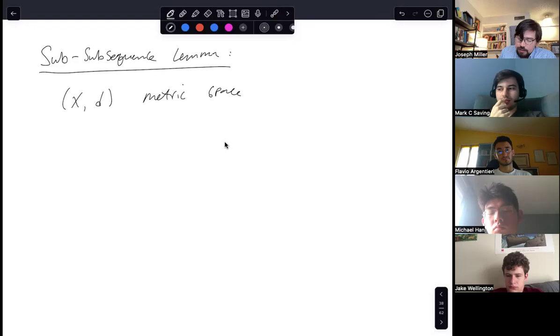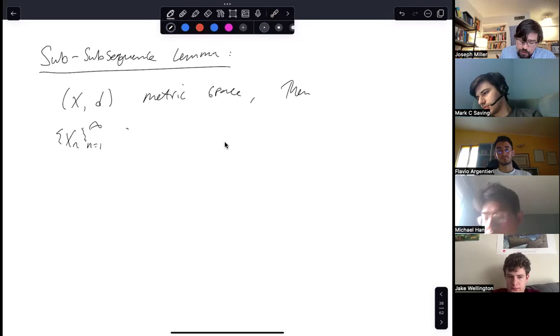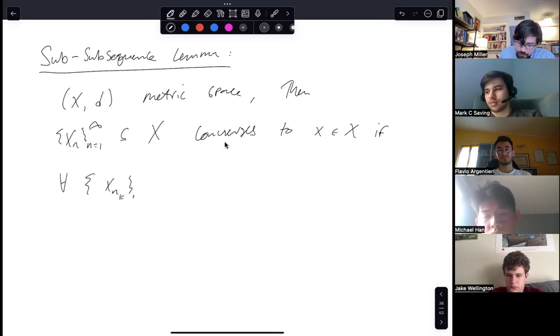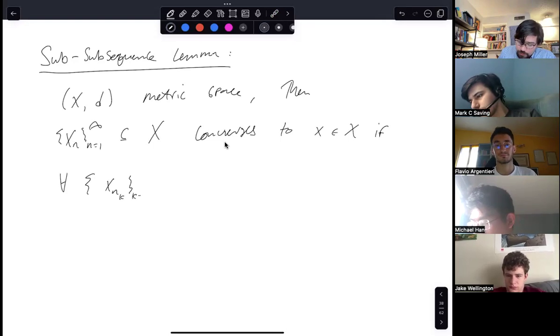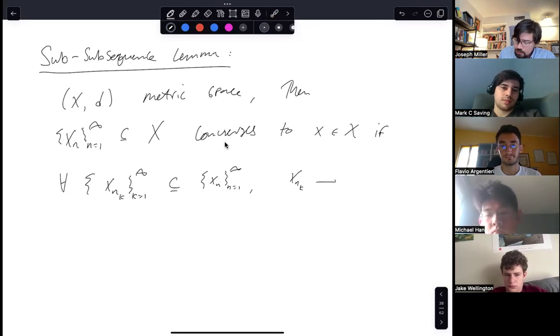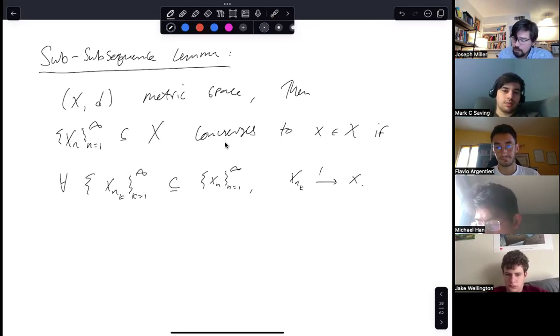Then a sequence x_n, from 1 to infinity, converges to x in X if for every subsequence x_{n_k}, for k going from 1 to infinity, of x_n, x_{n_k} converges to x as k goes to infinity.